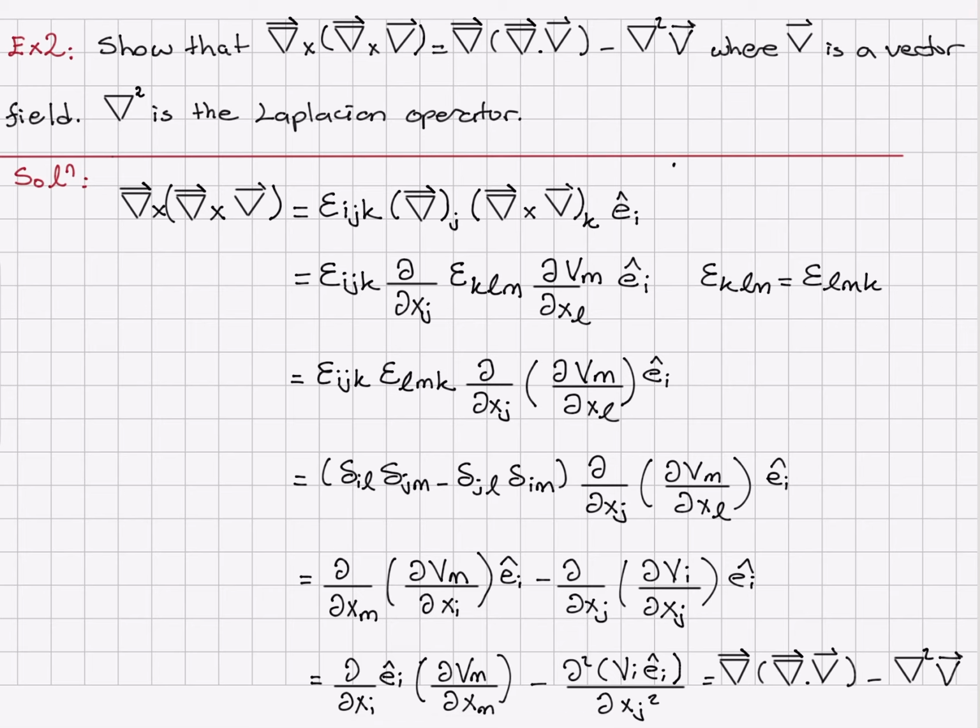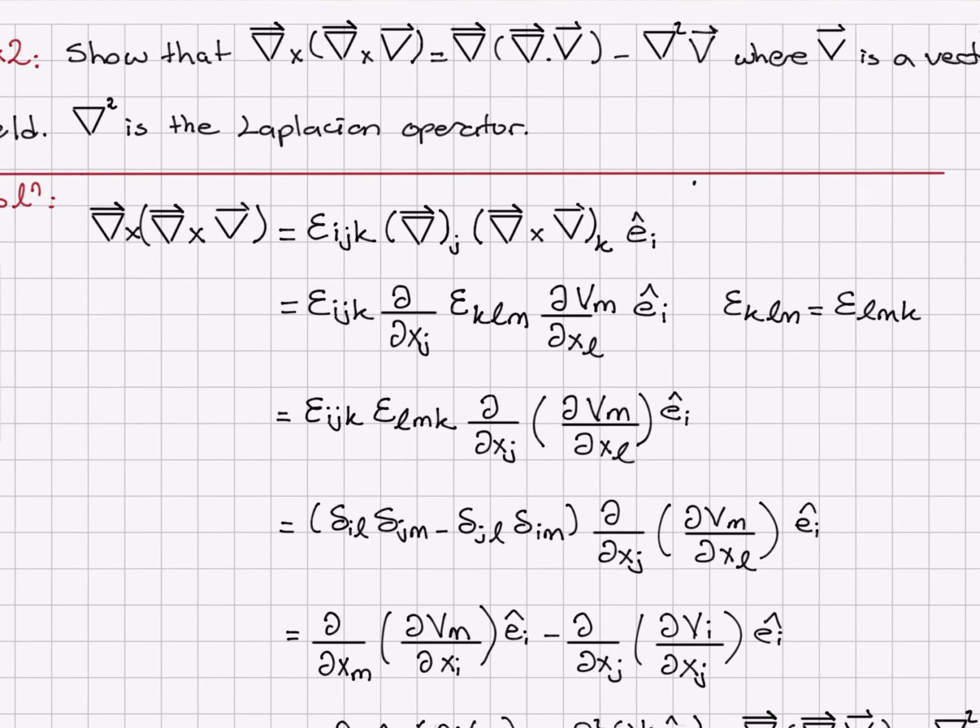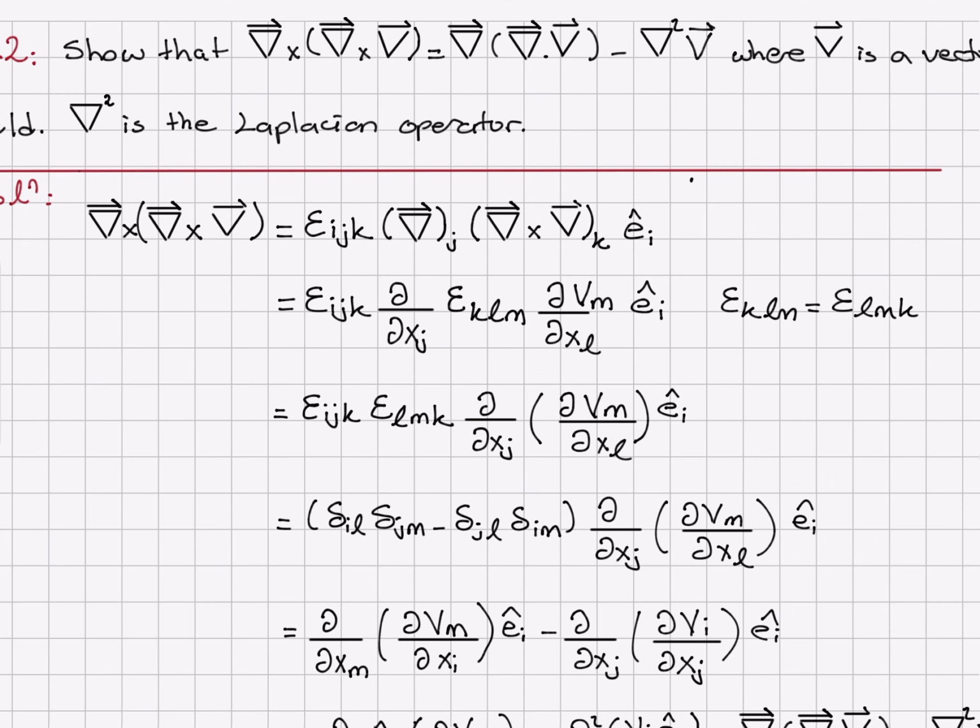Okay, so let's go over this step by step. We're looking at the curl of vector field V. The curl of a vector is epsilon ijk, jth component of the del operator, kth component of the vector in ei hat direction. That's one way to write it.